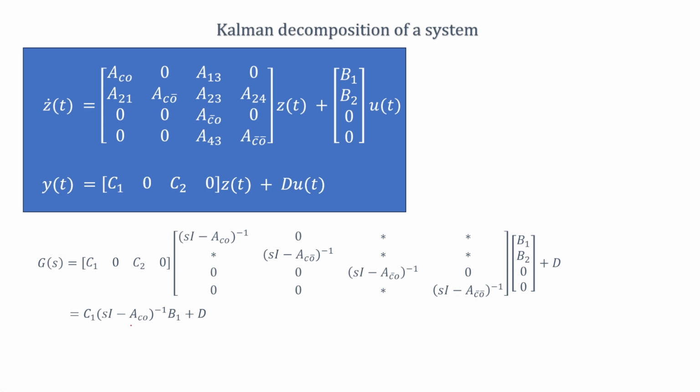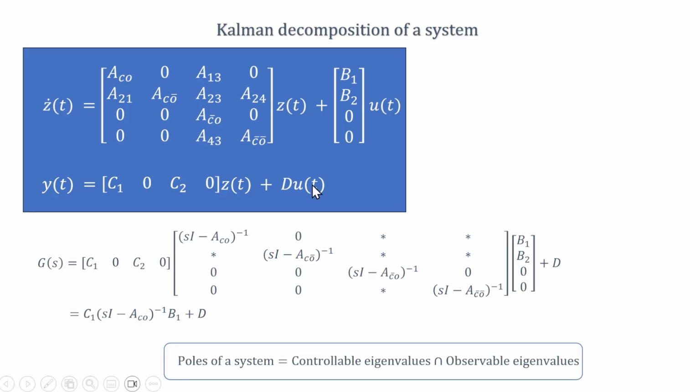And now notice that in this final expression, the denominator has only controllable and observable eigenvalues. That means that the poles of a system are nothing but the controllable eigenvalues of the system intersection the observable eigenvalues of the system. So only those eigenvalues which are both controllable and observable are the poles of a system.